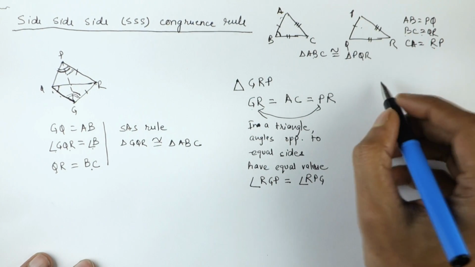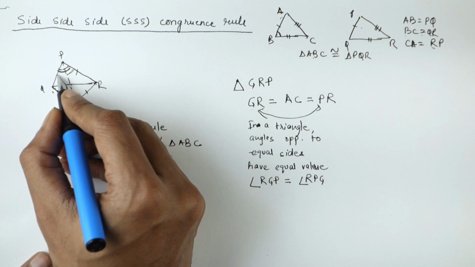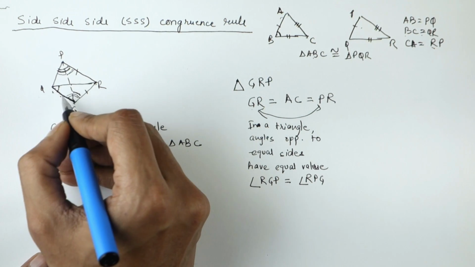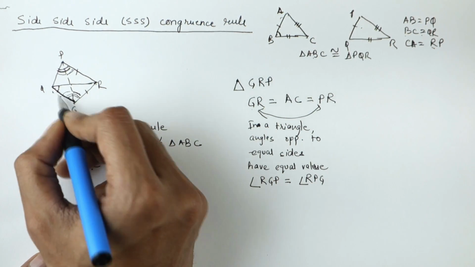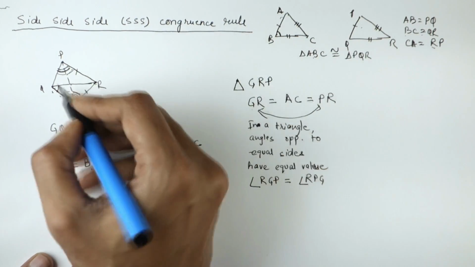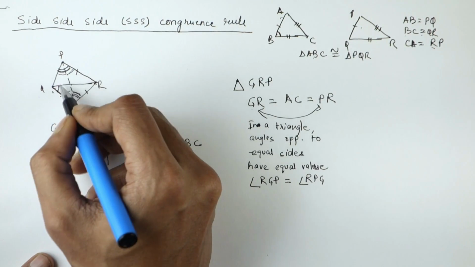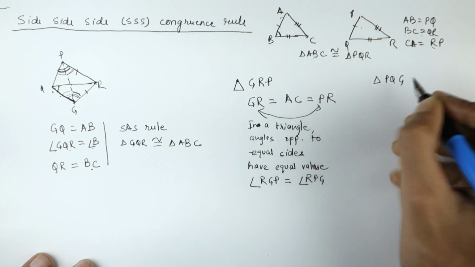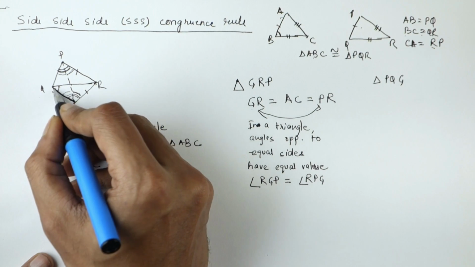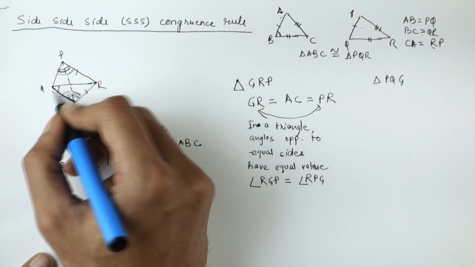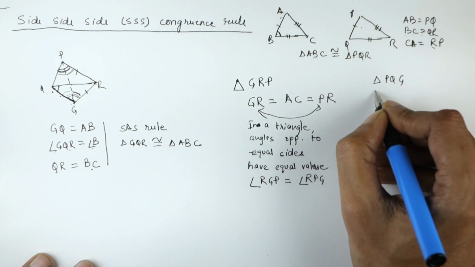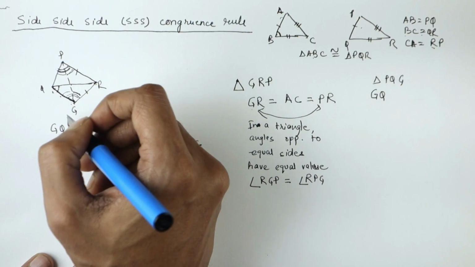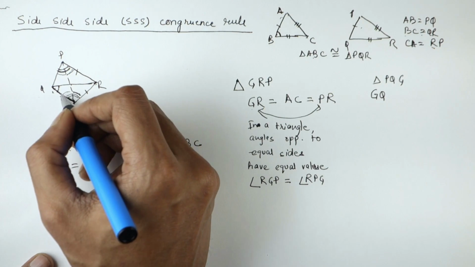Good. Now similarly, following a very similar approach, we will prove that this angle, angle QPG, is equal to this angle, angle QGP. To do that, let us again look at triangle PQG, and look at these two sides, GQ and PQ. We have to prove that these two are of the same length. Let us start from side GQ.